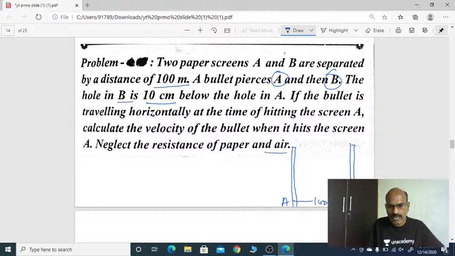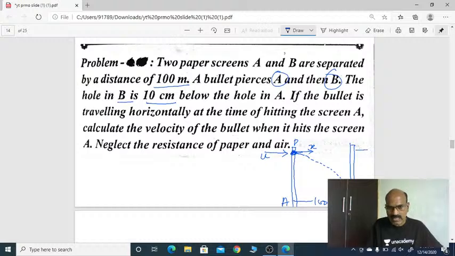So, a bullet is fired with the initial velocity u. It pierces at P in A. If there is no object here, it will go with the same velocity, but after piercing, it reaches, penetrating, passing through B also at this point.